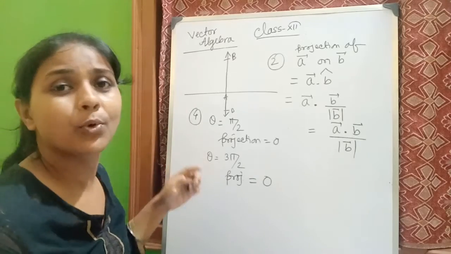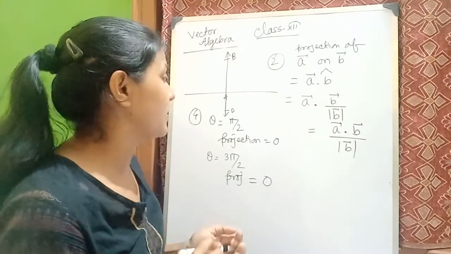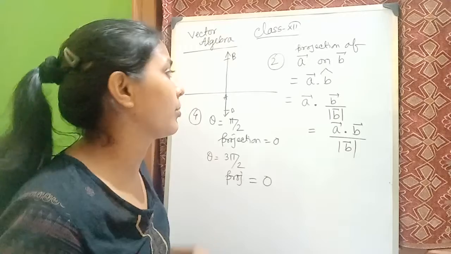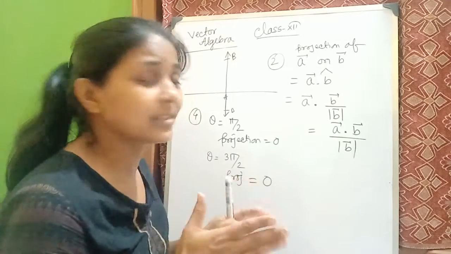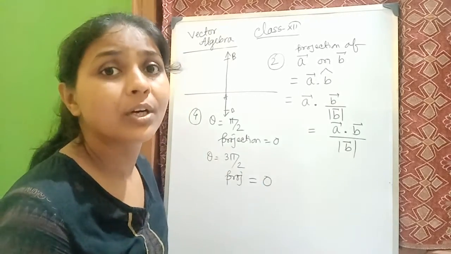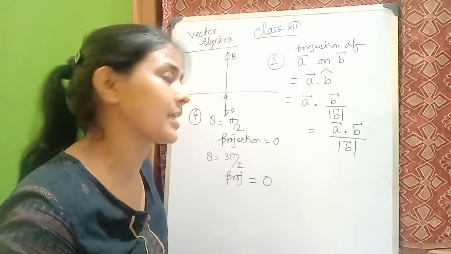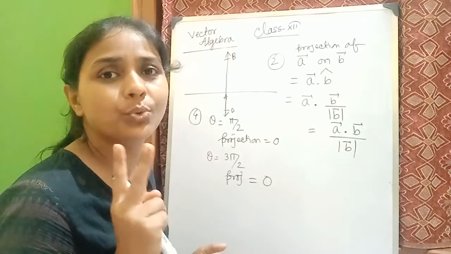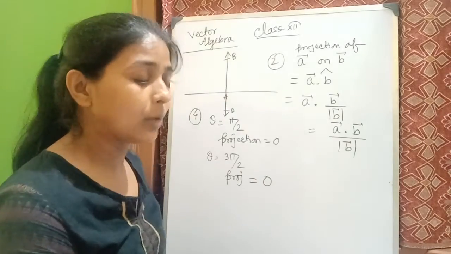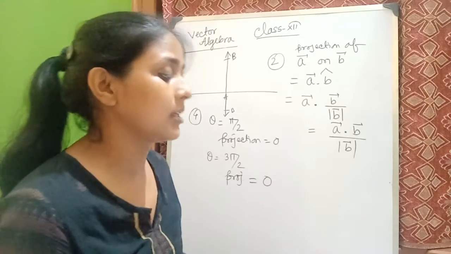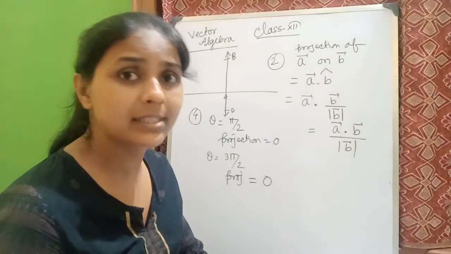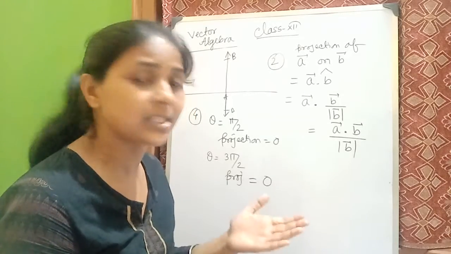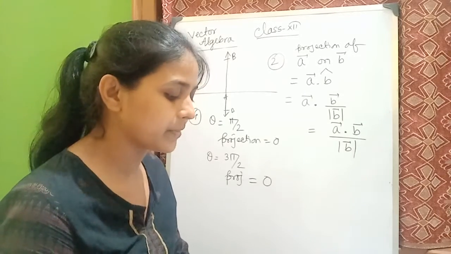So these 4 are the observations based on the projection of a vector, which is a direct application of the dot product or scalar product of two vectors. Depending on this dot product concept, you will have your exercise in your NCERT book, which is exercise 10.3.